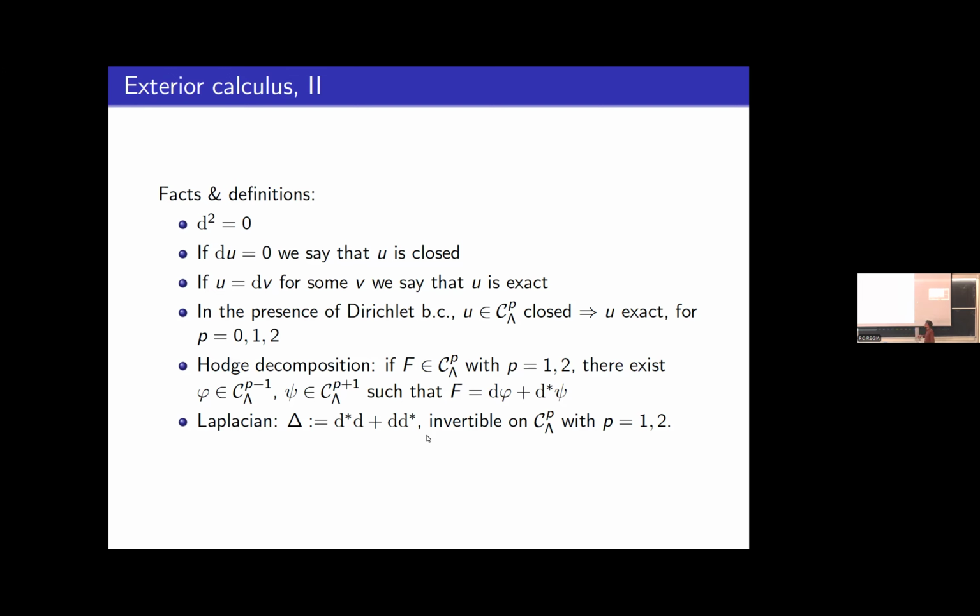So the fact that you can, in a certain generality, discuss the notion of closedness, exactness, and the connection among the two, this kind of decomposition, the Poincaré lemma, these are standard facts in homology theory. Some of you may be very familiar with this, others may not.